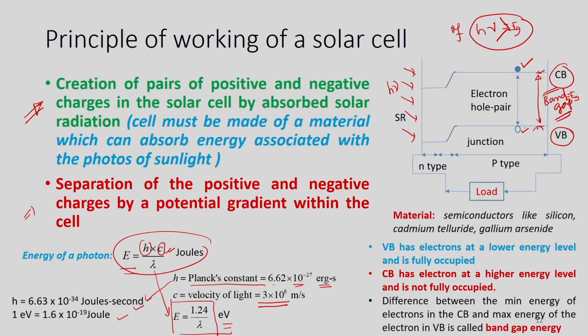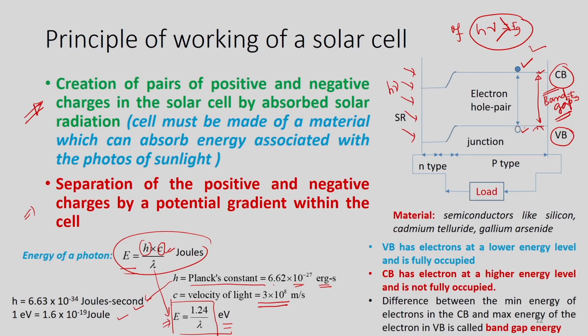Okay. So, if we know this band gap energy, then we can calculate the optimum wavelength to lift or excite one electron from the valence band to the conduction band. In the first step, we can create positive and negative charges by applying solar energy, and of course the condition is h nu greater than Eg.